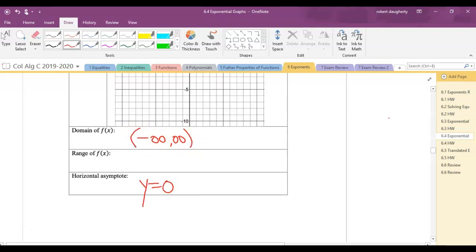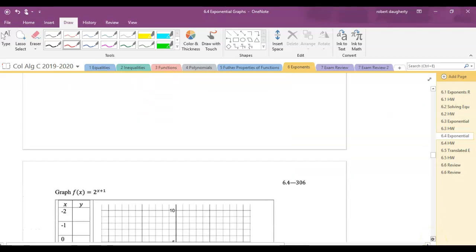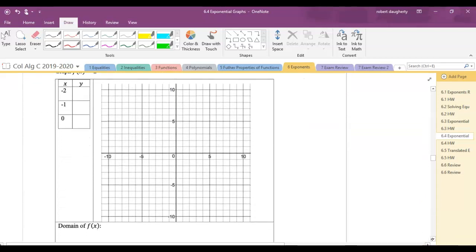And the range is from where? 0 to infinity. Okay. So the key here is I didn't have 2 to the x. I had 2 to the x minus 1. So my 3 points are, where's that exponent 0? And then pick a number on either side of that. And those numbers will give you the values you want.